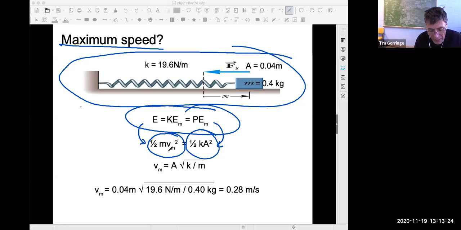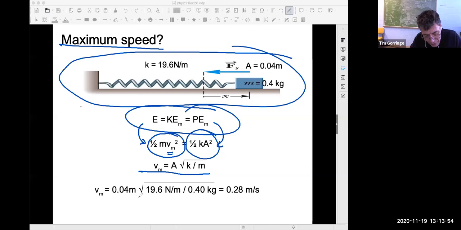The maximum kinetic energy is when the spring is passing through the equilibrium point. That's when you get the maximum velocity. I've made an equation that contains the unknown quantity. I want to figure out that maximum speed, and everything else is known to us. So then I just had to rearrange the equation. The maximum speed is simply the amplitude of the oscillations multiplied by the square root of k over m.